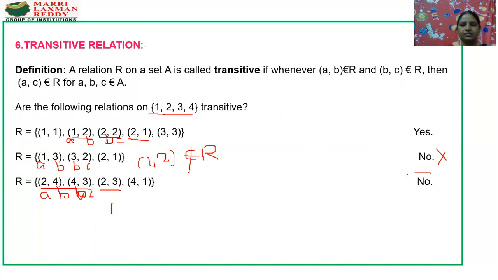So it is a transitive relation, because (b, c) is present. Here (2,4) is (a, b), here (b, c). Then what about (a, c)? It is (2,3), present in the relation. It is a transitive relation.